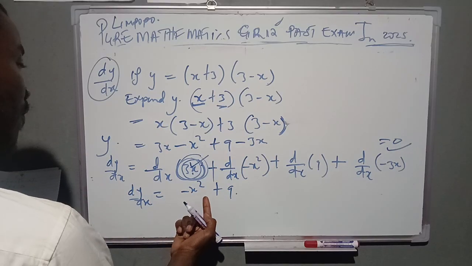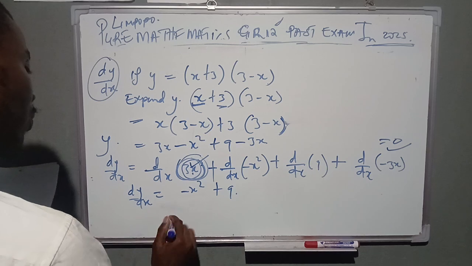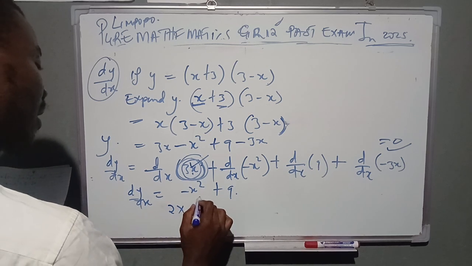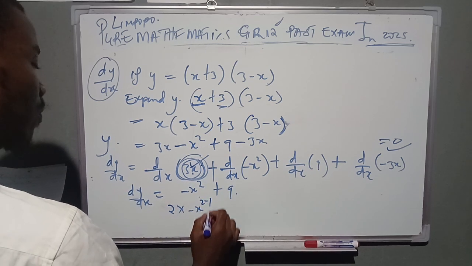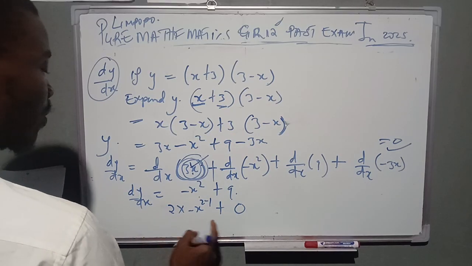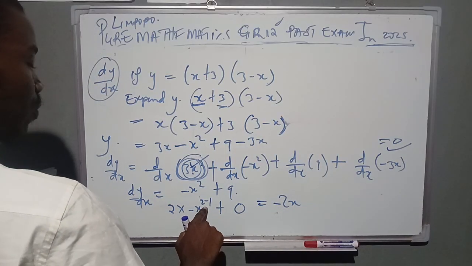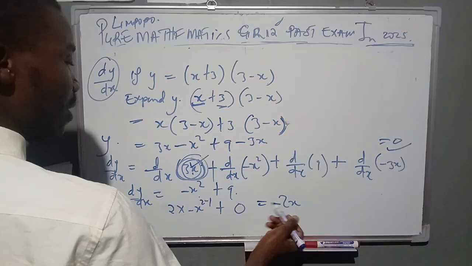So we're going to differentiate this. If we are differentiating this one, we can say 2 times minus x to the power 2 minus 1 plus this one, it gives us 0. So 2 times minus x, we get minus 2x. 2 minus 1, we get 1.